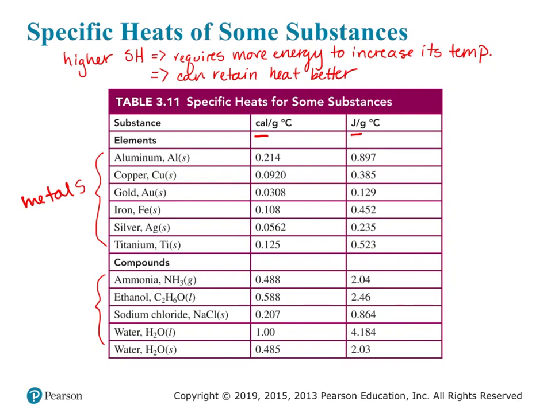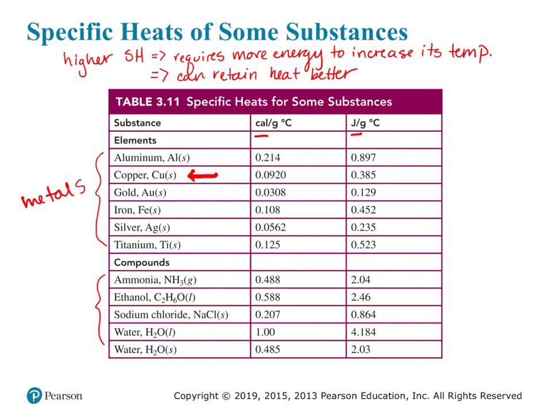And then the opposite is true. So if you have a lower specific heat, then less energy is required to increase the temperature of that substance, and that substance can release heat faster. So if looking at the metals here, remember last time we talked about copper and how copper has high conductivity.